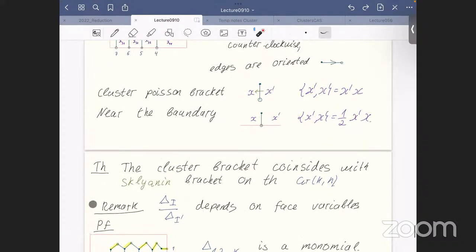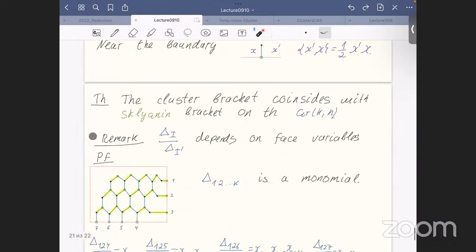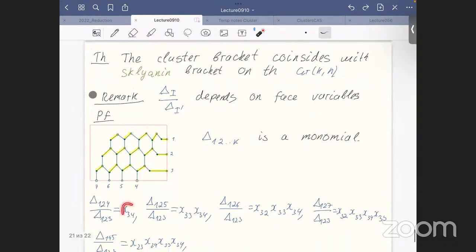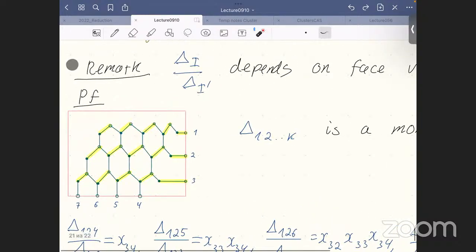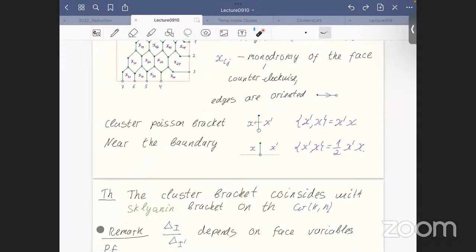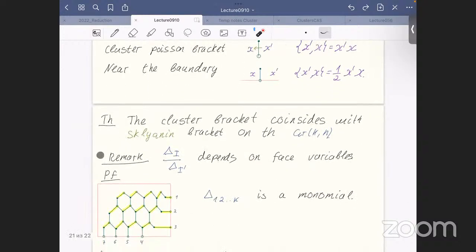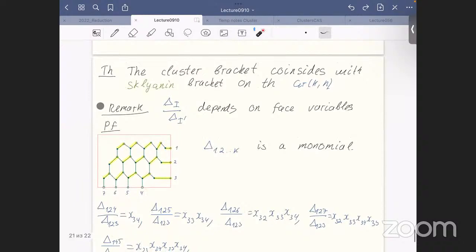In principle, at first glance, they are unrelated. But as I stated in this proof, in principle, for any bipartite graph, they are unrelated. But we choose some very particular bipartite graph, for which this X is the ratio of the dimer partition functions, so the ratio of the Plücker coordinates.